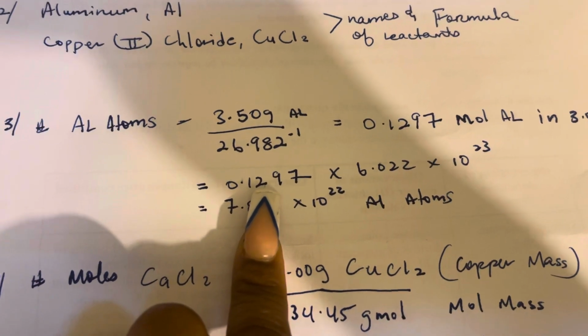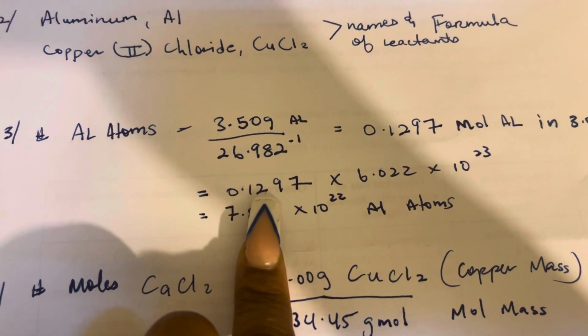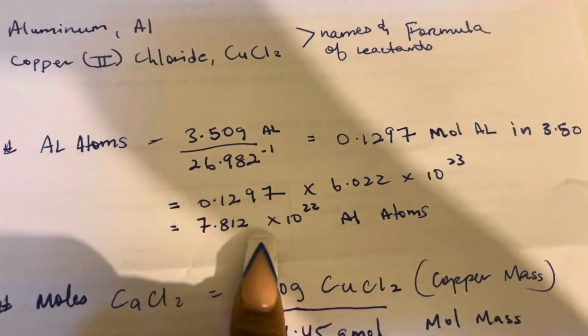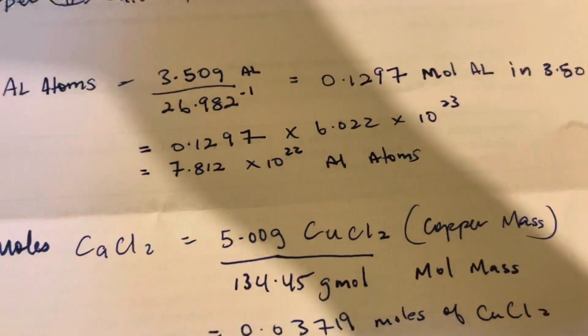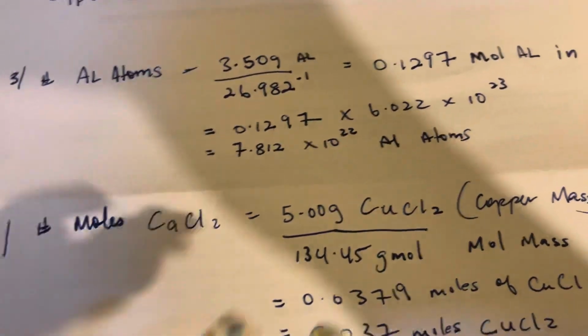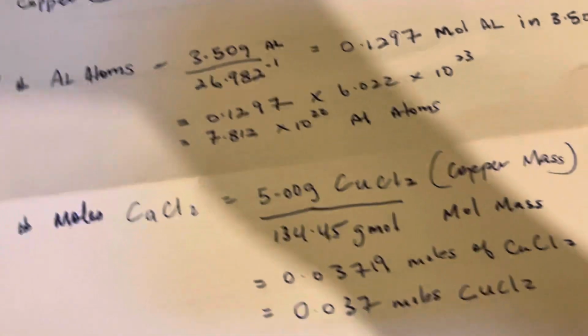You do definitely need to multiply the formula by the amount of moles that is in 3.5 grams of aluminum. That's how you get that answer. So it's basically going to be mass divided by molar mass.